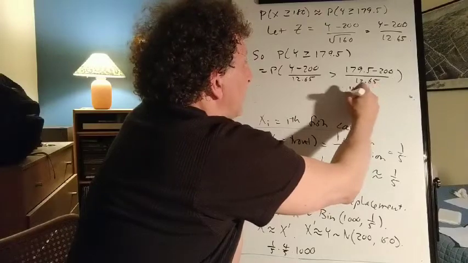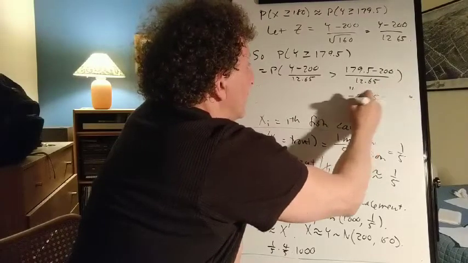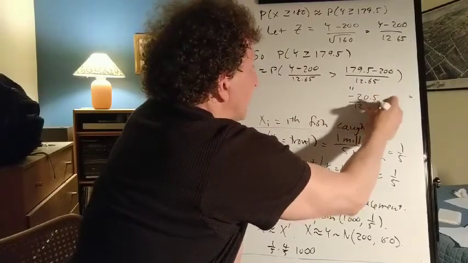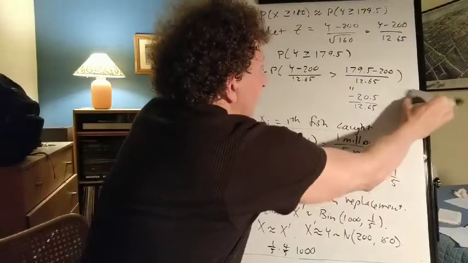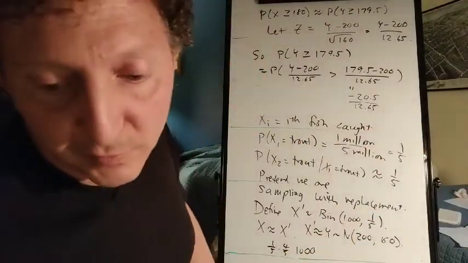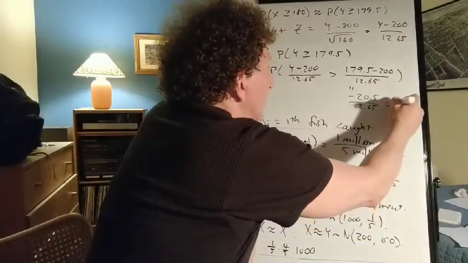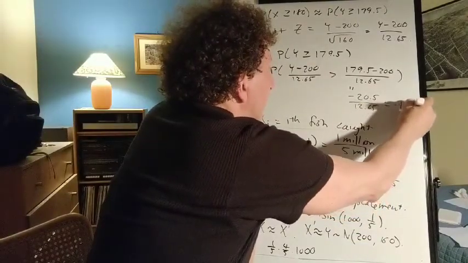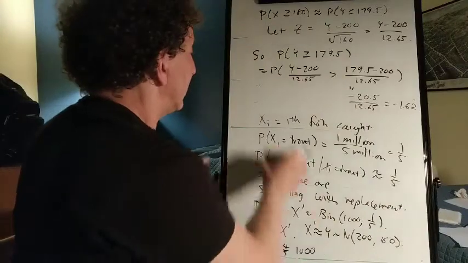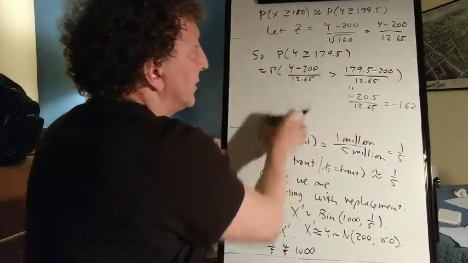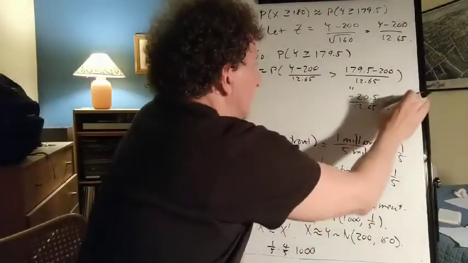So 20 minus 20.5 over 12.65. And that equals minus 1.62. Approximately.